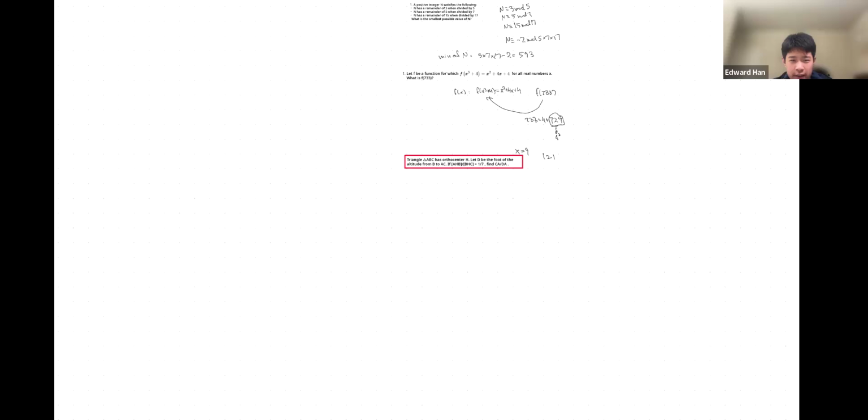If the area of AHB to the area of BHC is 1 to 7, find CA over DA. I hope everyone knows what an orthocenter is: it's the intersection of the altitudes of a triangle. There are basically no properties of an orthocenter you need to know except the definition for this problem. What's really useful is a diagram.